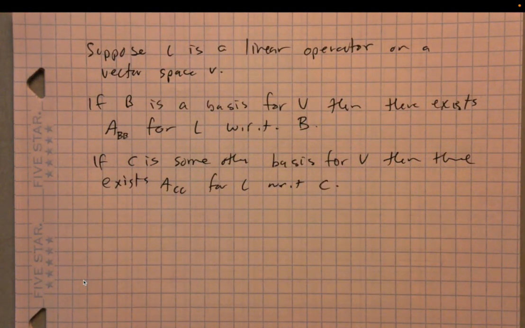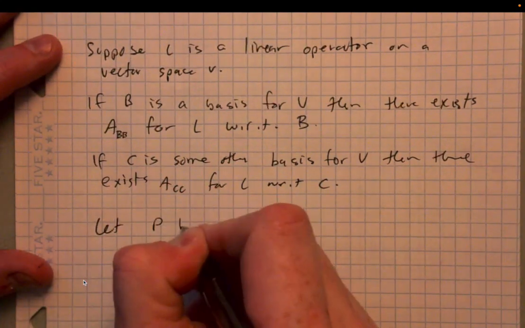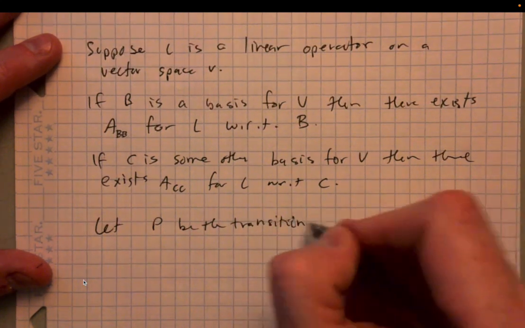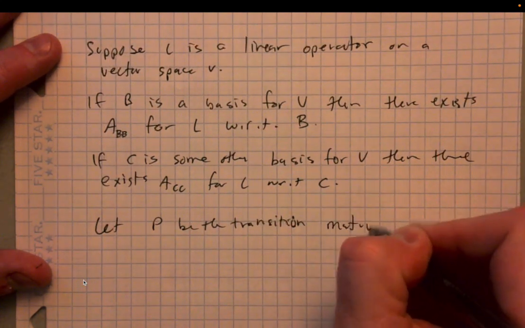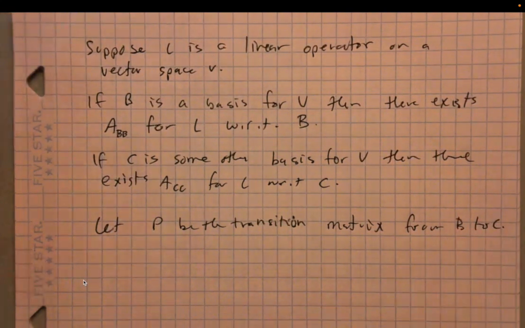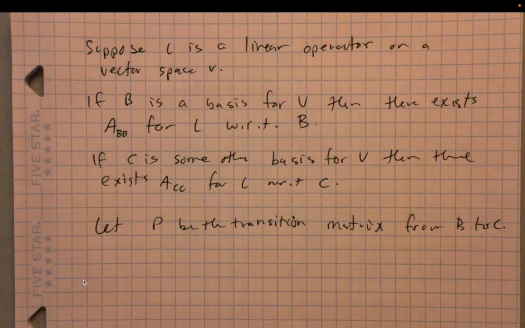So we're going to let P be the transition matrix from basis B to basis C.